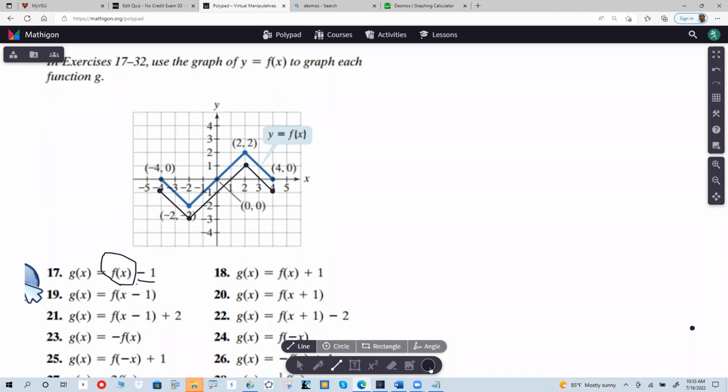And let's do the next one using pink, and then I'm going to eventually erase some of these. 18. According to our theory and exploration, it's going to go up by 1 unit. The blue curve, I'm talking about the blue curve. f of x is the blue curve, so it's going to look like this. And it's not going to be perfect. We get it.